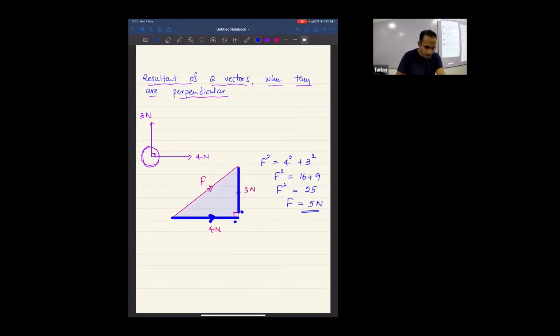The resultant is from this starting point to this ending point. It should be from the starting point to the ending point.